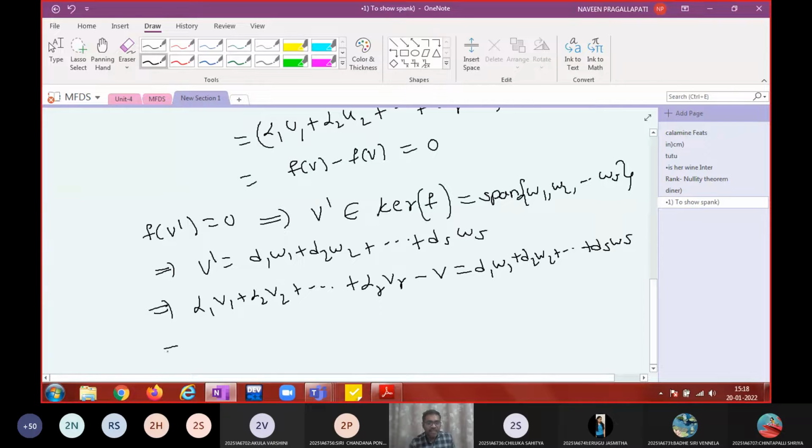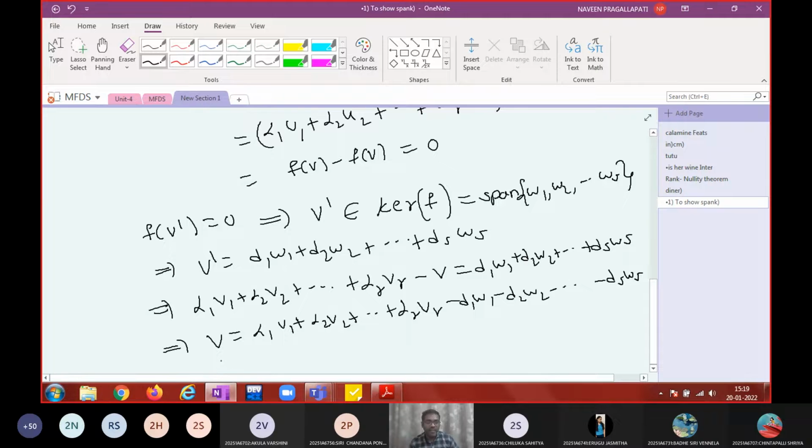So from this, what is v? Take these terms to the left hand side. v is nothing but alpha 1 v1 plus alpha 2 v2 plus and so on plus alpha r vr minus d1 w1 minus d2 w2 and so on minus ds ws.